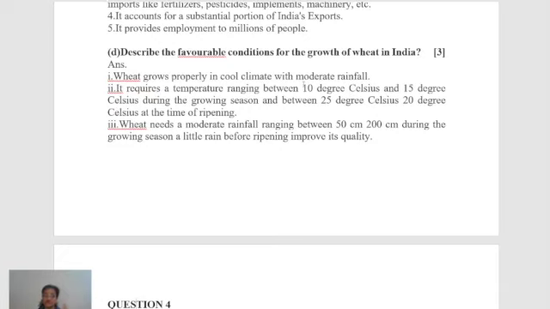Number two, it requires a temperature ranging between 10 to 15 degrees, right? That means in India we find this type of temperature during the winter season.